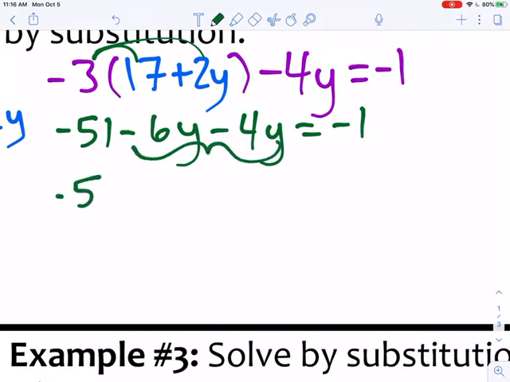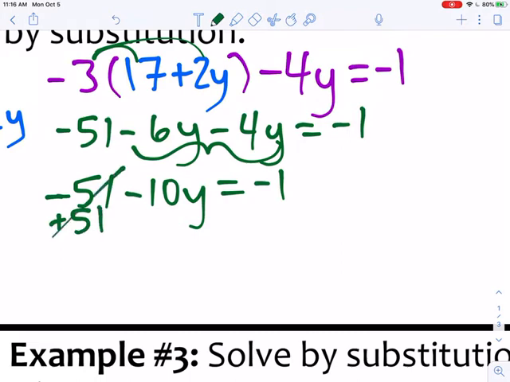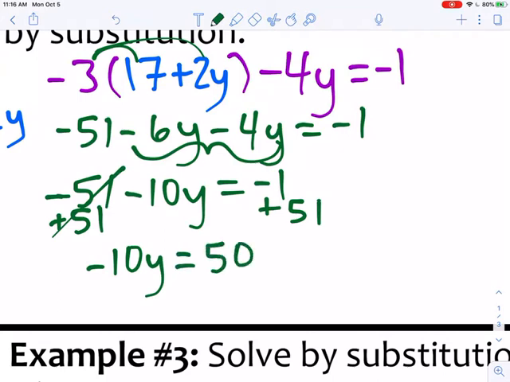So -51 minus 10y is equal to -1. Then we will do the opposite here, add our number. We'll get -10y is equal to +50. And then our finale, divide by the number linked to the variable you're solving for, and we'll get y is equal to -5.